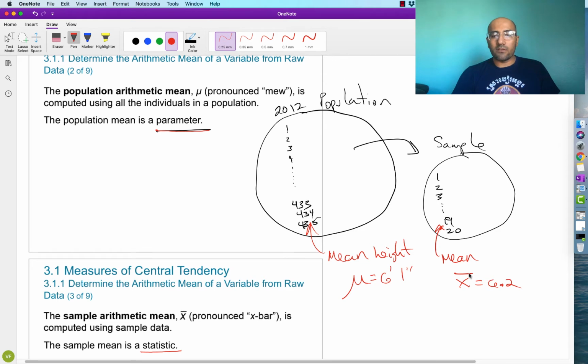Okay. All right. So now we take a sample of 20. Maybe in that sample, it doesn't necessarily mean that sample is going to have exactly 6'1". It might. It's possible. It's not impossible for it to happen.